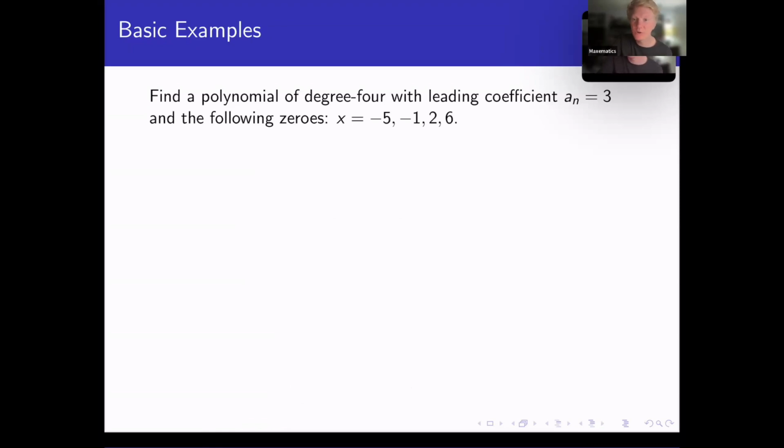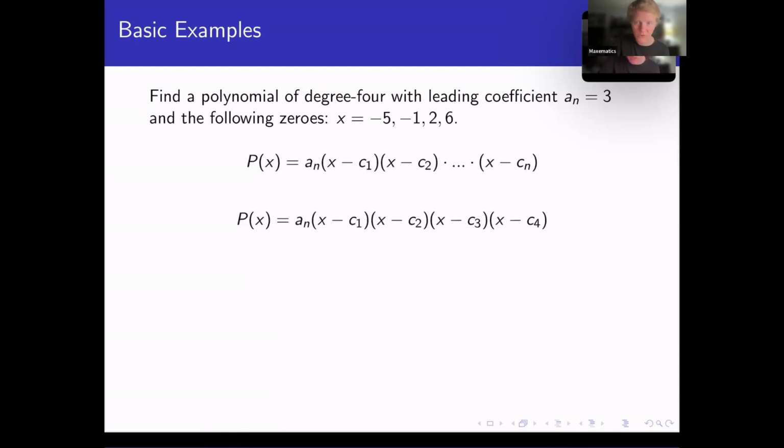Okay, leading coefficient 3, degree 4, with zeros -5, -1, 2, and 6. All right, well, degree 4, go up to c4. Leading coefficient is 3. Our first zero is -5. Second zero is -1. Third zero is 2. Fourth zero is 6.